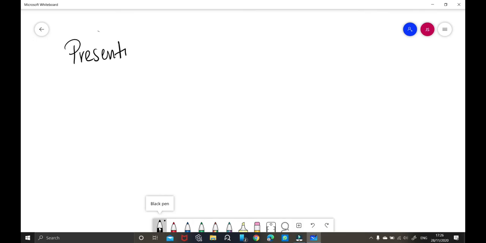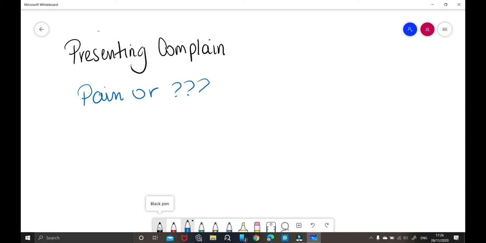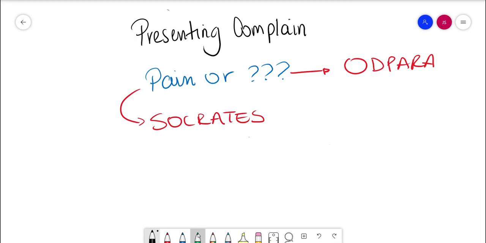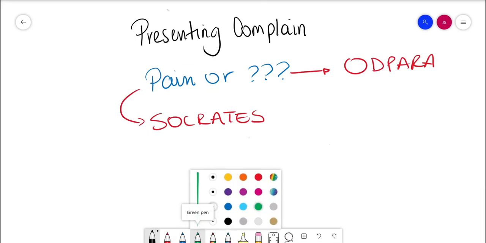Now, if we're thinking about presenting complaint, there's a couple things that we should ask ourselves. Is this patient complaining of pain or something else? If the patient is complaining of pain, let's think about SOCRATES. If not, we think about ODIPARA. Now, when we say SOCRATES, let's remember what each letter means.